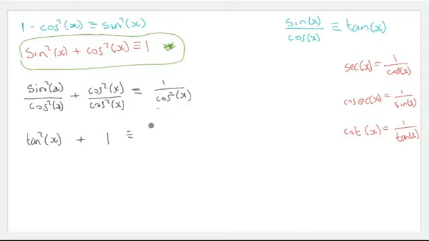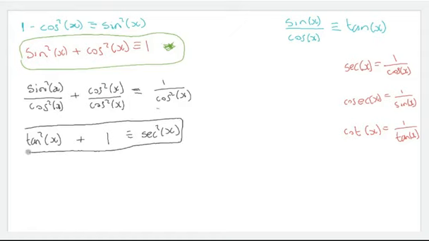So tan squared x plus 1 is equal to sec squared x. So this here is actually a new identity as well, which you've gotten just from taking the sine squared x plus cos squared x. Okay, so that's this one.